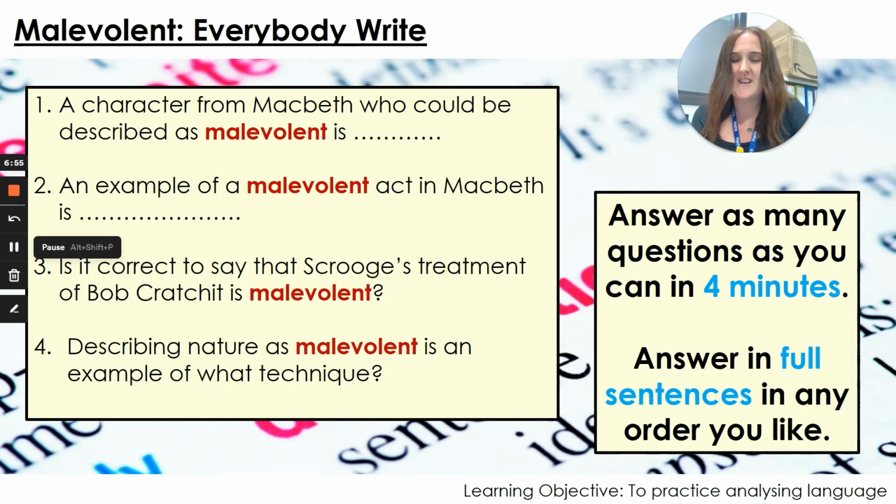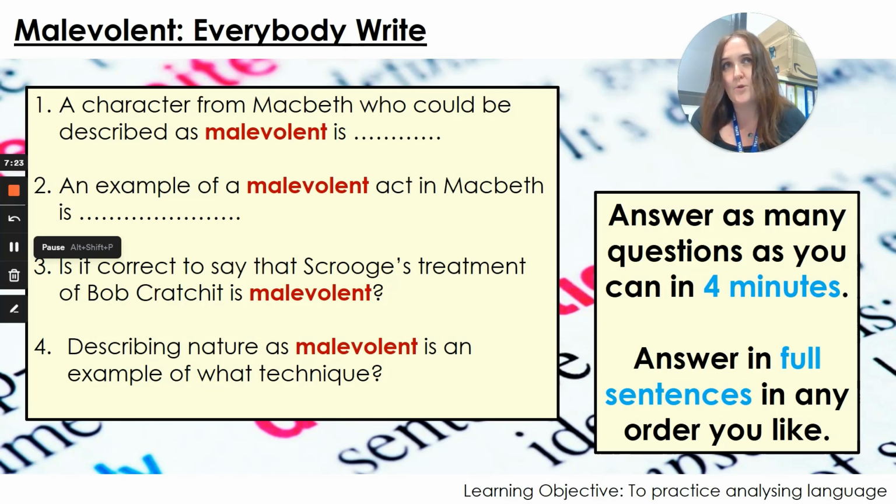Scrooge's treatment of Bob Cratchit, is that malevolent? Well, that's a slightly trickier one, really, because this is a bit up for interpretation. So I think you would potentially say that, yes, maybe it is malevolent when he doesn't allow him to put the extra coal in the fire or build a bigger fire, and that potentially be causing him some harm. But really, I don't think Scrooge actually wants to cause Bob Cratchit harm.